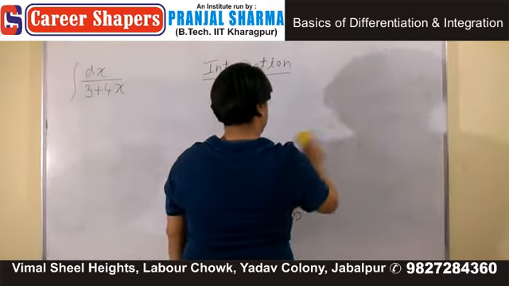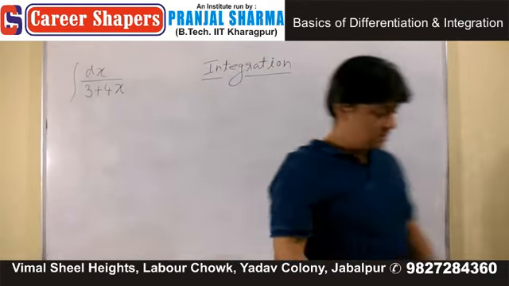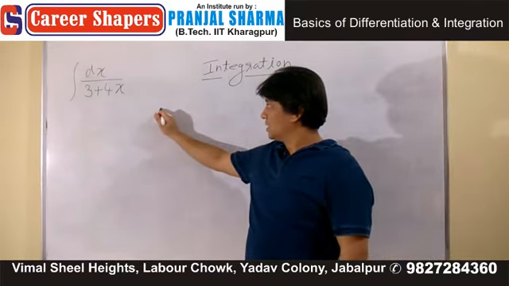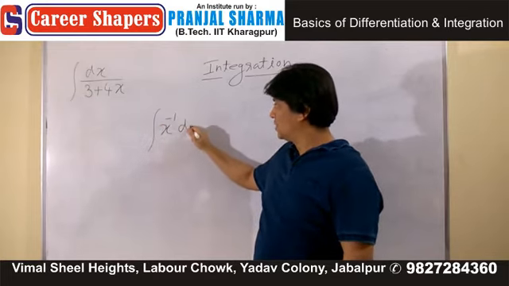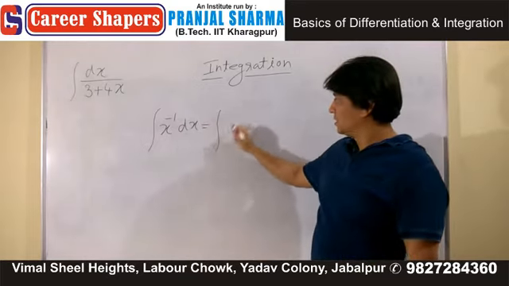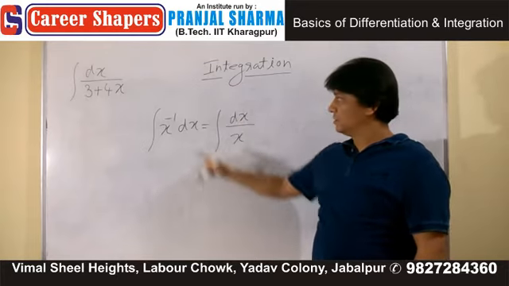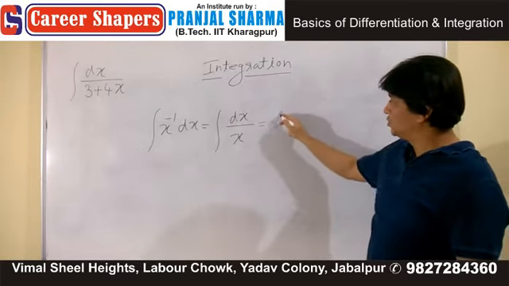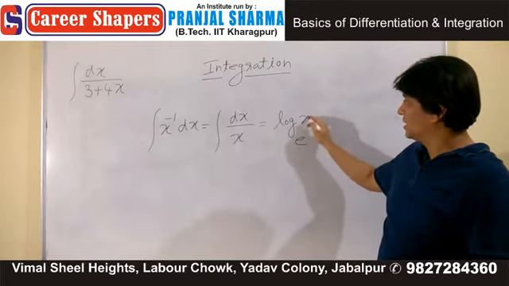If you have seen things like this before, x to the power minus 1, which is dx upon x, 1 upon x, then its integration is log base e x.